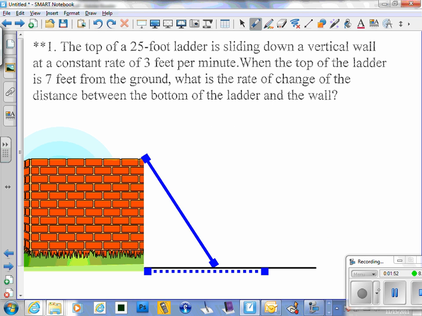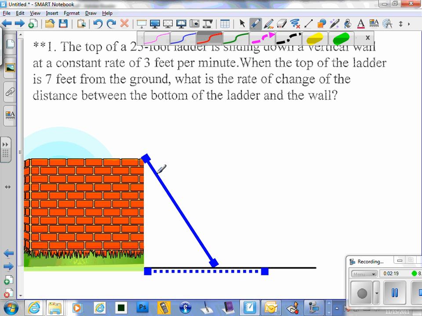Here we have an equation. This question says the top of a 25-foot ladder is sliding down a vertical wall. Okay, I tried to draw this picture to visualize. When you do it on your paper, you don't have this many bricks. But you can simply visualize that from the side.